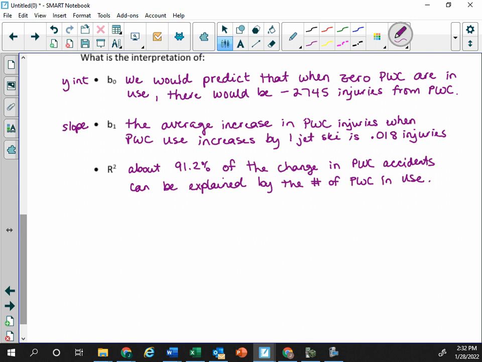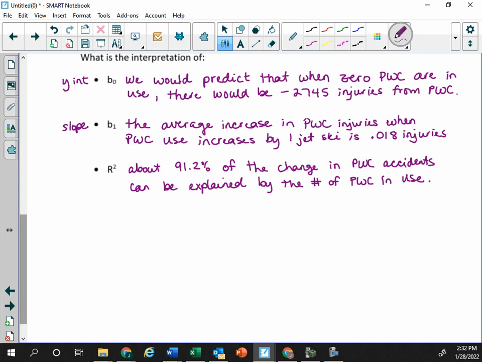What does that look like? So that is talking about the association between these two variables. We aren't going to say the number of watercraft in use causes this many accidents, but we can say we're noticing this trend that there's a very strong connection between how many are in use and how many accidents happen, because our r squared and our r value were pretty high here.